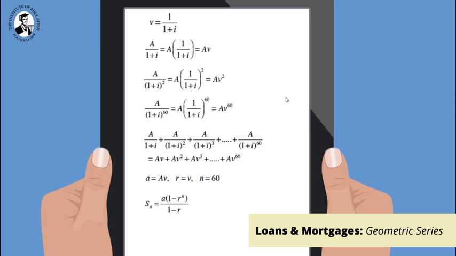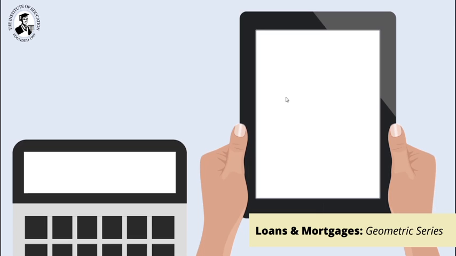This is S_n equals a times (1 − r^n), all divided by 1 − r. Using this formula to find the sum of the present values of all Susan's repayments, we get A v times, in brackets, (1 − v^60), all divided by 1 − v.